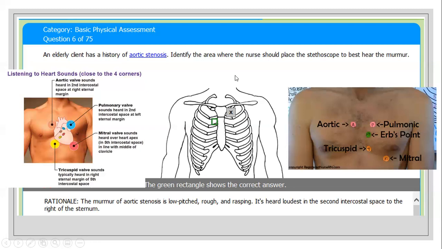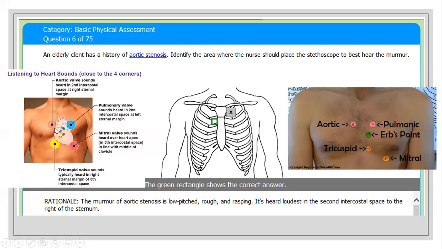If you draw an imaginary line through the middle of the clavicle, where this line cuts the fifth intercostal space is the mitral area. So we have to put the stethoscope in these green square areas. The murmur of aortic stenosis is low pitched and rough, and it is heard loudest in the second intercostal space to the right of the sternum.